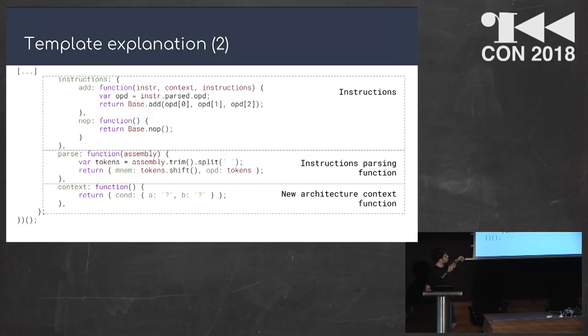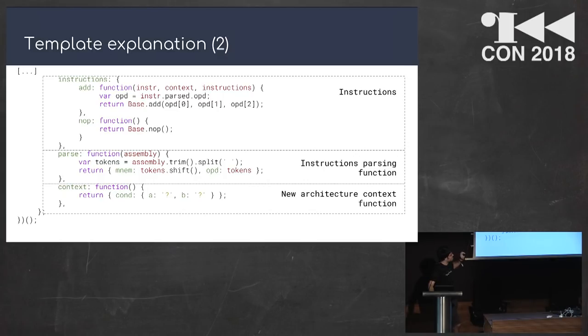Then what you want to do is split it into tokens and maybe do some analysis there, because, for example, in x86 you have pointers that are defined with a word or dword or similar before, or there are some brackets. So you will know that those are pointers, and you just want to make it more complete. You can just drop under OPD any object you like, and it will be fine.